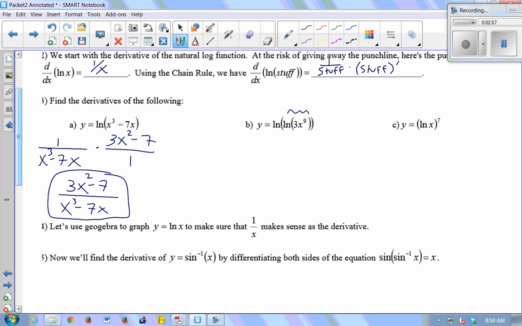So my derivative is going to be 1 over it. 1 over the ln of 3x to the 9th. Okay, but then I have to take the derivative of this stuff, right? The inside function. And the derivative of the ln of 3x to the 9th is 1 over 3x to the 9th. But that was the ln of some stuff, so I have to multiply by the derivative of that stuff, which is 27x to the 8th.